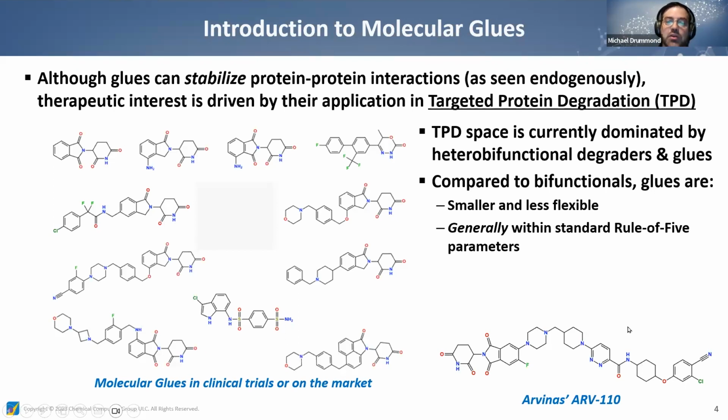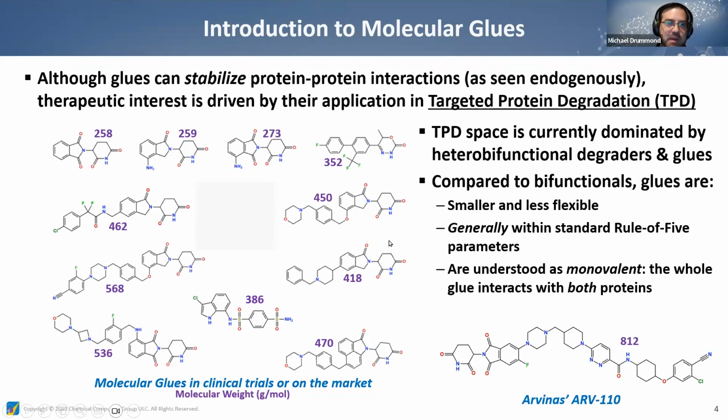They tend to be smaller and less flexible than heterobifunctional degraders, such as this one over here. They're generally within standard rule of 5 parameters, although if I show the molecular weights for these glues, you can see that sometimes we creep over 500 grams per mole, but still quite a bit less than even some of the smaller bifunctional degraders shown over here.